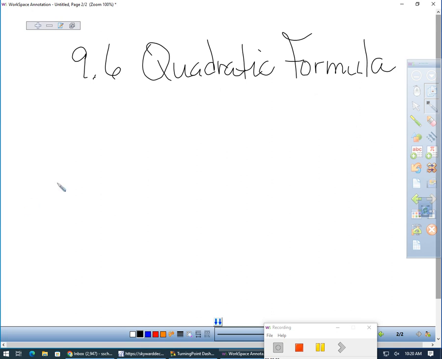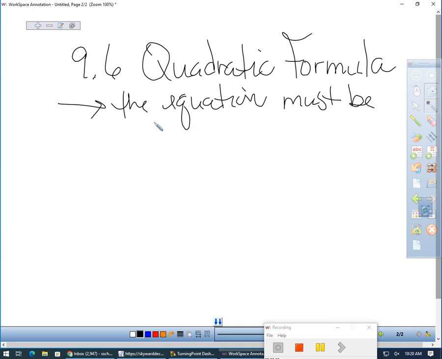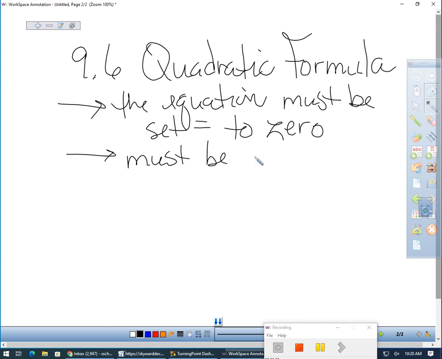In order to use the quadratic formula, your equation must be set equal to 0. Which means it has to be in standard form. So, must be in standard form.